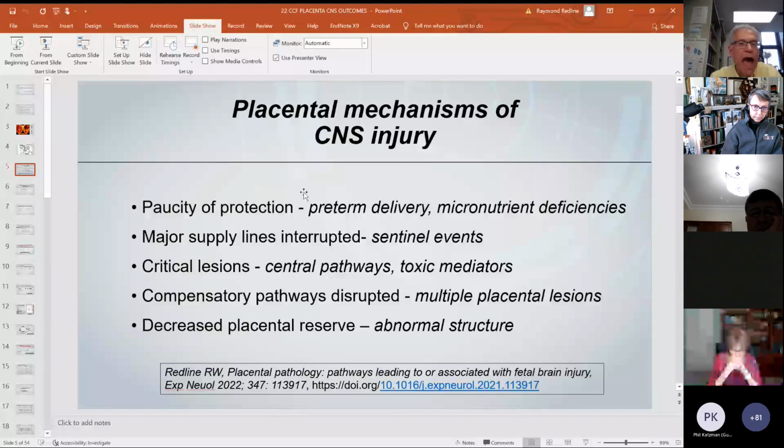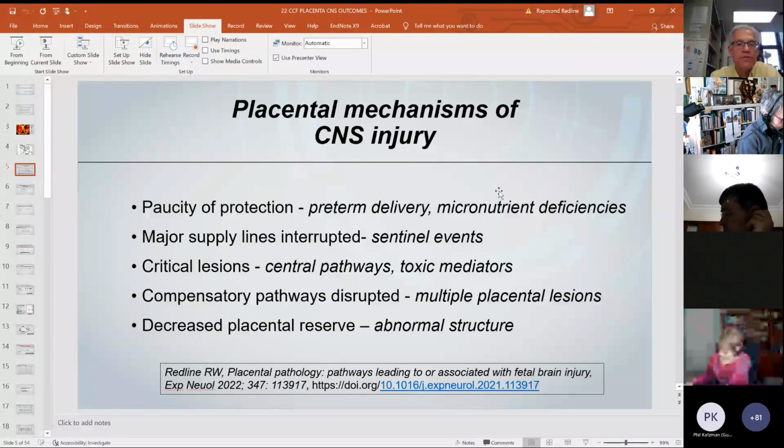We don't really see pathologic lesions, but it's been invoked to explain why preterm deliveries can lead to increased CNS susceptibility to injury, because factors that are usually delivered from the placenta as you go from 24 weeks to term are no longer present. And so you get secondary micronutrient deficiencies, which affect CNS development.